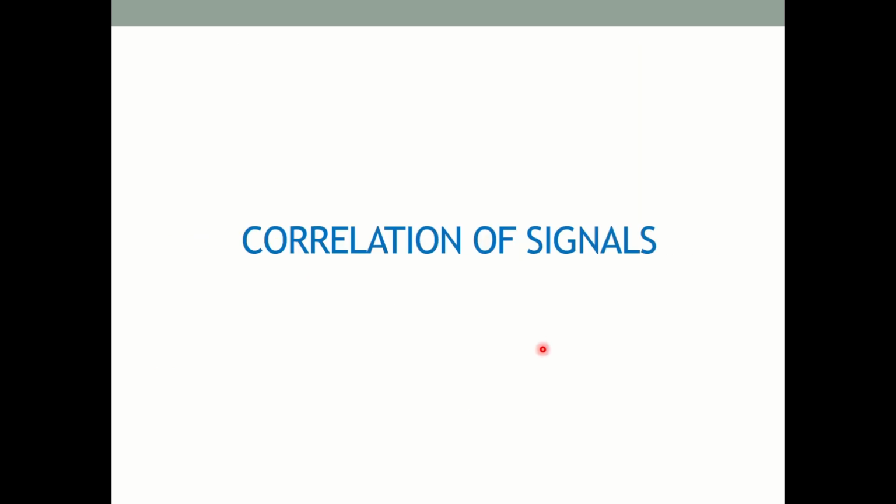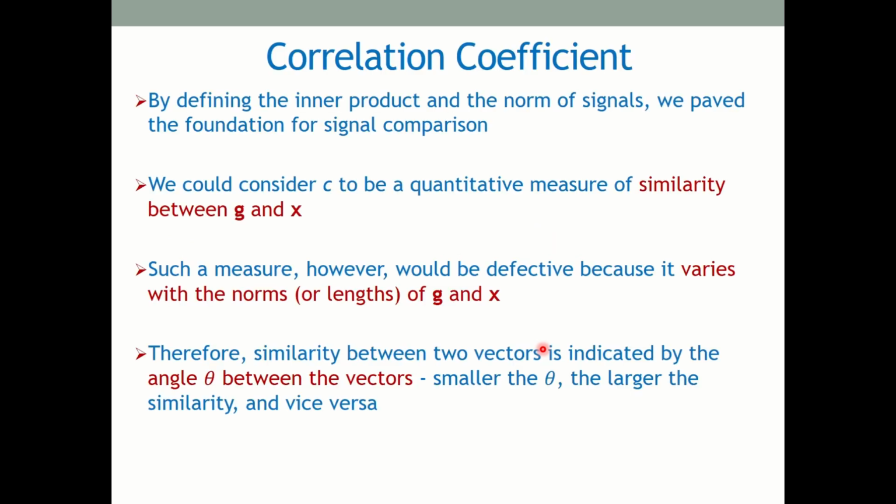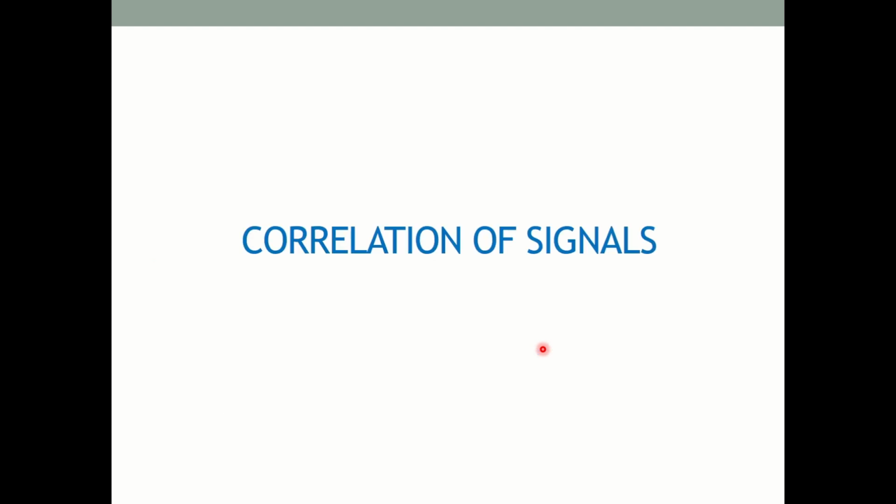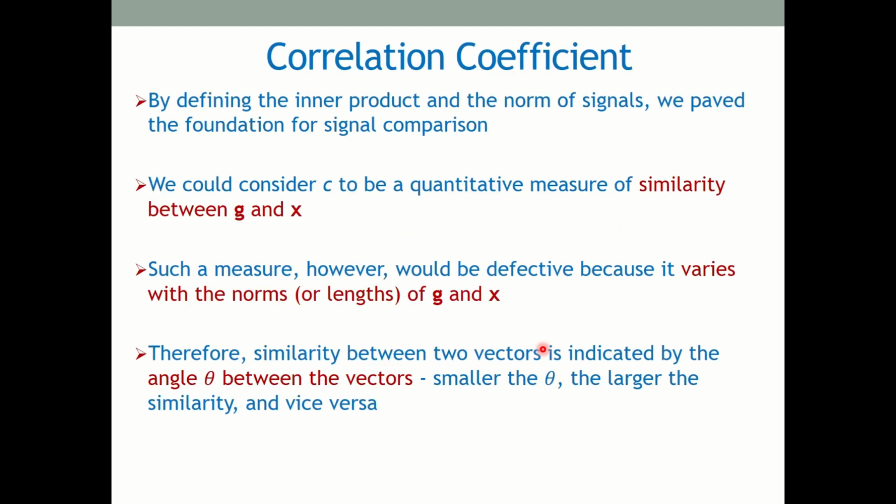So now, after this discussion about the relation between signals and vectors, we move towards the correlation between them. We now discuss the idea of correlation of signals, and this idea will be using all the previous discussion that we did.